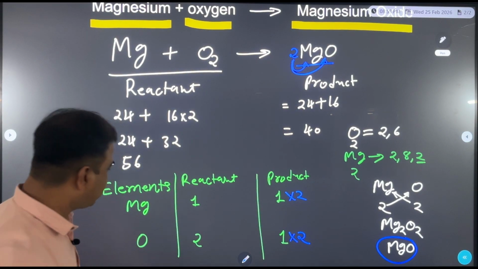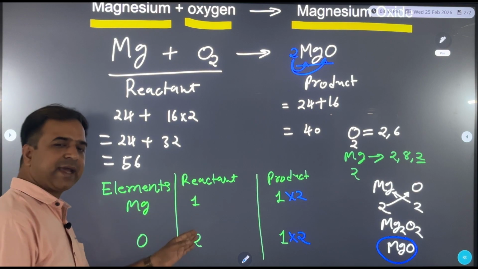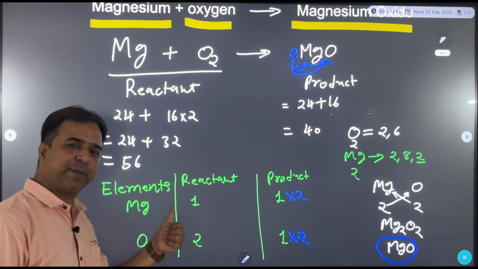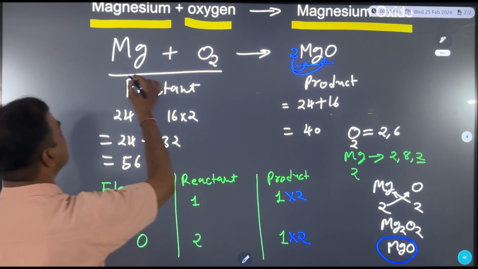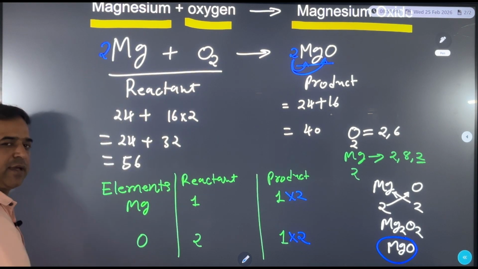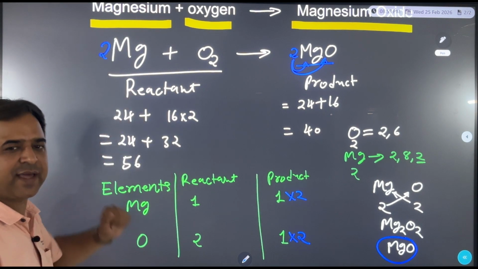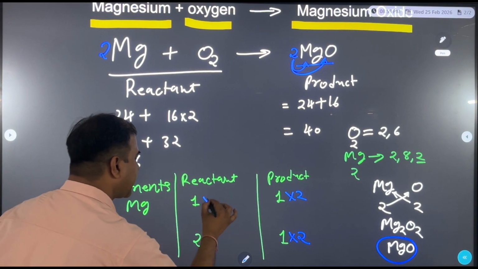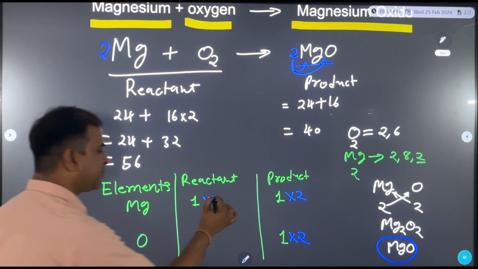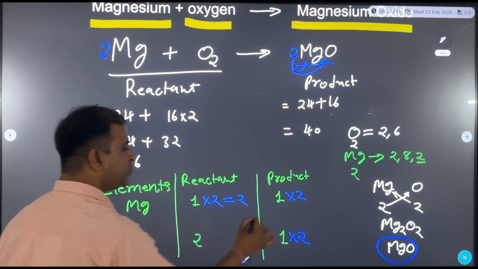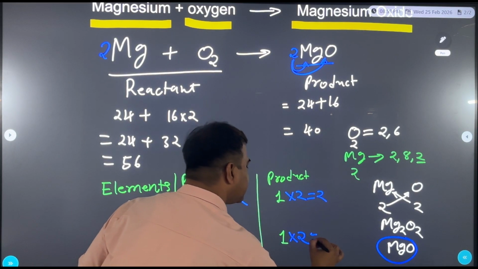So now, is it balanced? No. On the reactant side we have only 1 magnesium. So to balance this we have to put 2 here in front of magnesium as well. Now we can multiply this and simplify it. So 2 here also, here also.